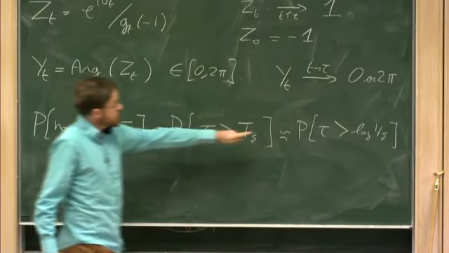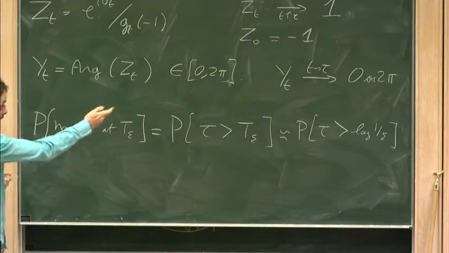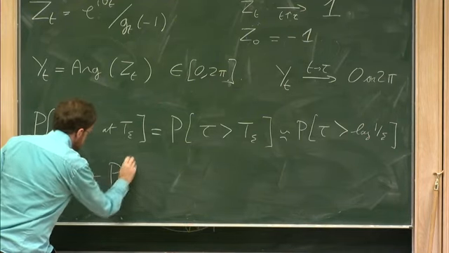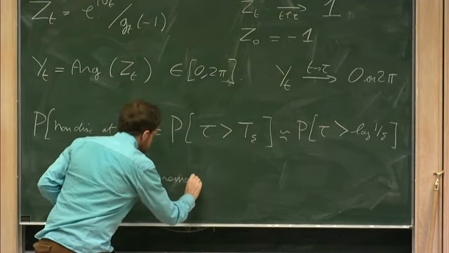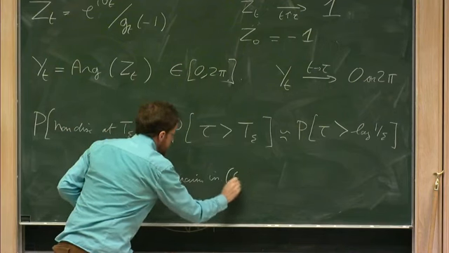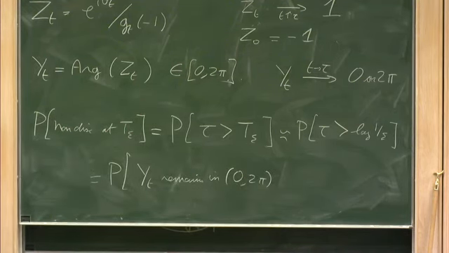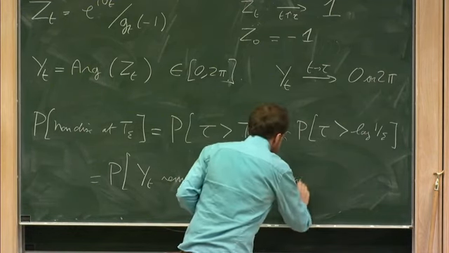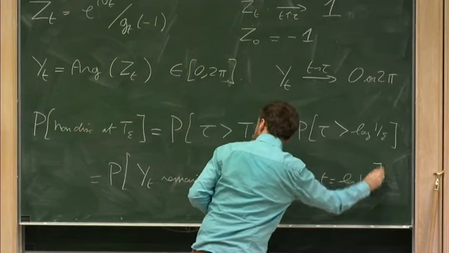And now, since tau is the hitting time of 0 or 2 pi by the process yt, this is the probability that yt remains in the interval 0, 2 pi, in the open interval, so without touching the boundary, up to t equal to log of 1 over epsilon.